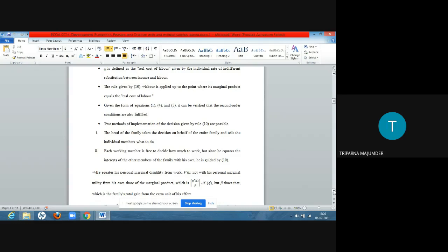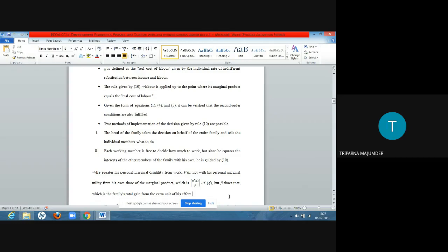What does it imply? It implies he equates his personal disutility from work, that is V'(l), not with his personal utility from his own share of marginal product. What is his own share of marginal product? Q'(L) into U'(Q) divided by beta, that is his own share of marginal product.